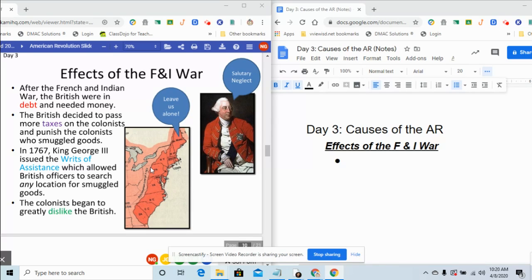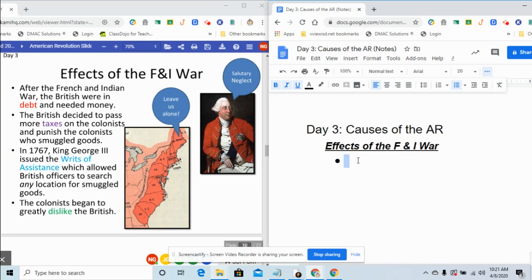So some of the effects of the war, and we've talked about this in the past, was that King George III was left with a lot of war debt. Debt meaning money that is owed, right? So the British needed to come up with an idea. So the first thing says, after the French and Indian War, the British were in debt and needed money.